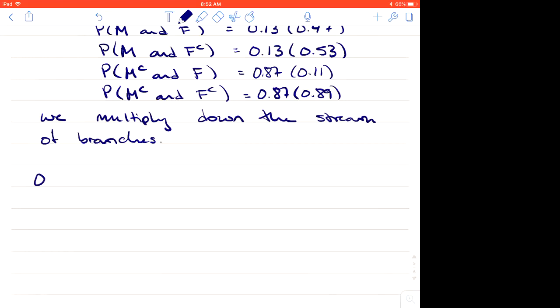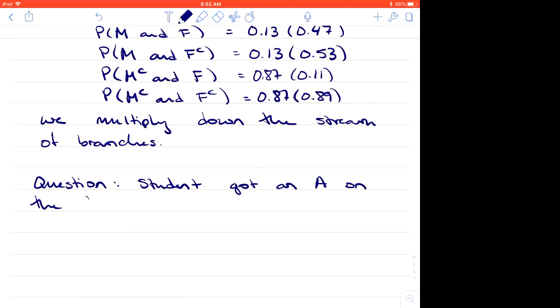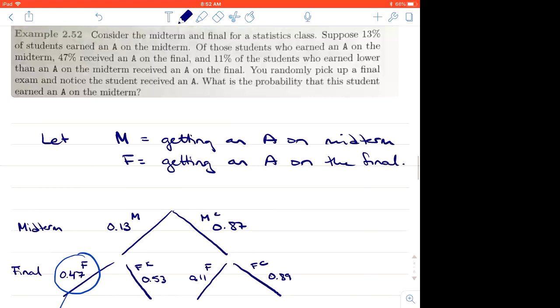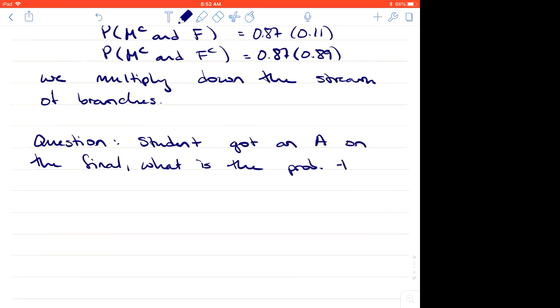So for the question, I'll just reword it here. Student got an A on the final. What is the probability that they got an A on the midterm? What's the probability they got an A on the midterm?